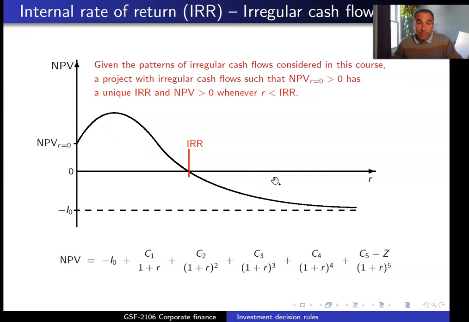If the project is such that the sum of all cash flows when the interest rate is equal to 0 is positive, then this project has a unique internal rate of return, just like regular projects. It's only when the net present value of the project at R equal to 0 is negative that the project will have two internal rates of return.